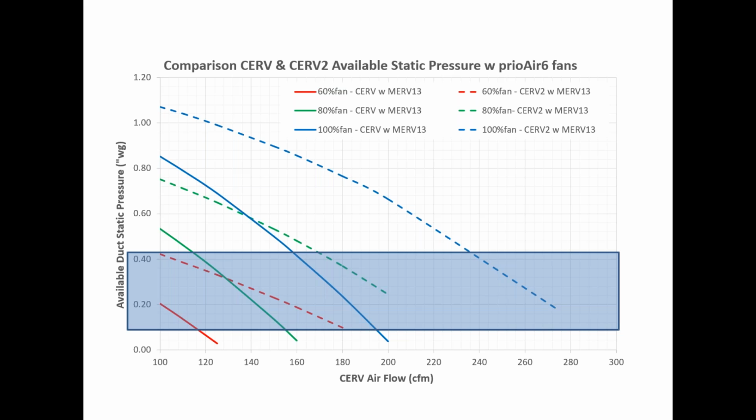The shaded blue region is the typical recommended static pressure for ducts. So being within that 0.1 to 0.4 inches of static pressure is going to lead to good system performance in terms of airflow rate.